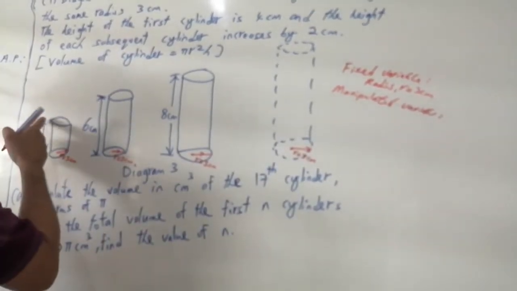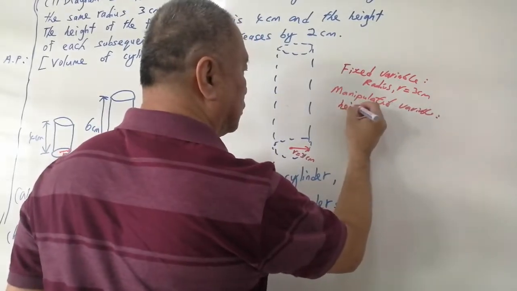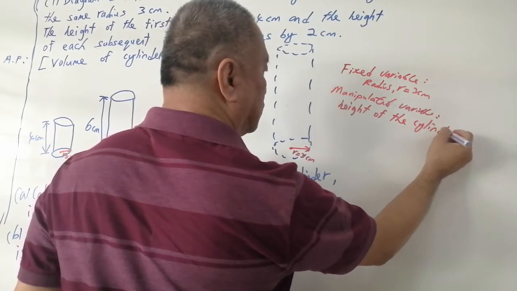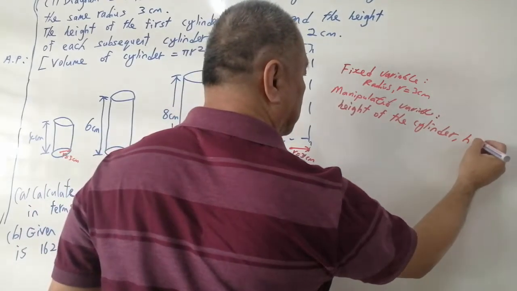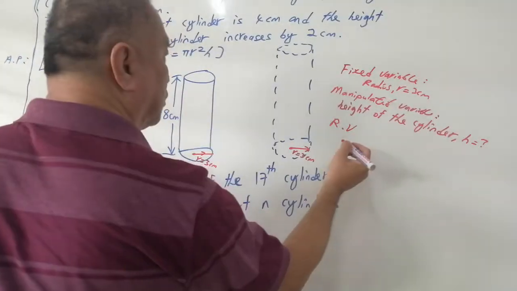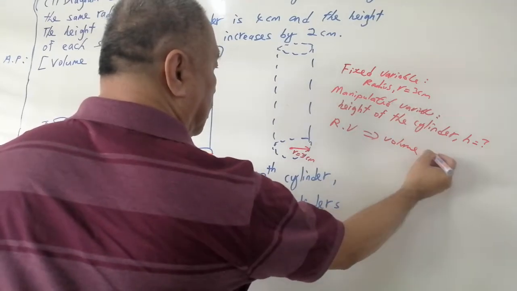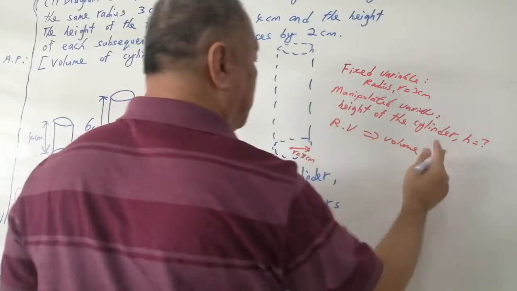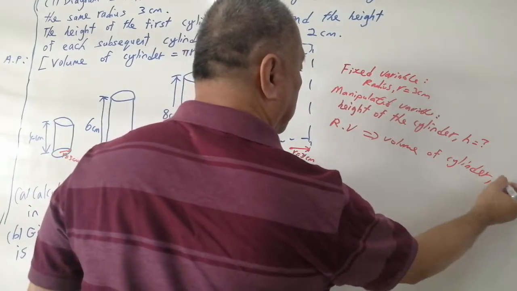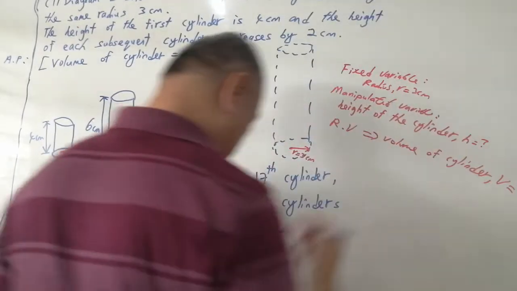You see the height here: 4 cm, 6 cm, 8 cm, the height of the cylinder, H. And then your corresponding variable will be your volume. So the volume will have the formula for volume of cylinder, V equal to pi r square h.